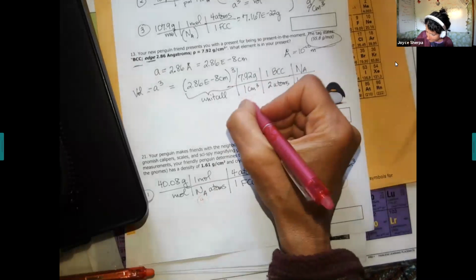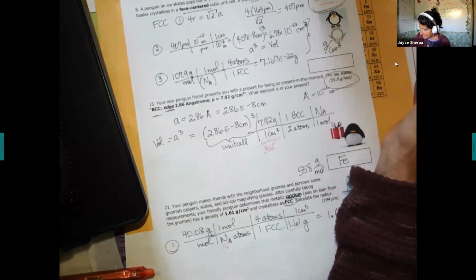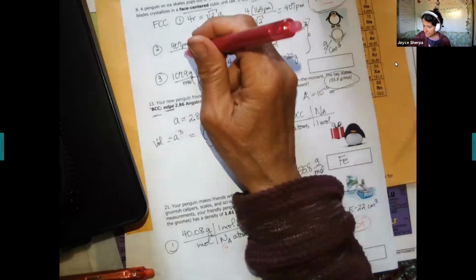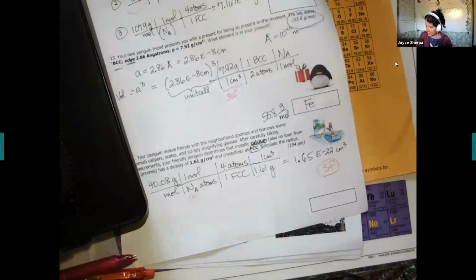So if in doubt, pick 3 or 4. But this one, because the density had 3 sig figs, and this one also had 3, because our original number had 3. So all of these had 3 sig figs. You guys remember sig figs? We're going to be doing a lot of math tonight.